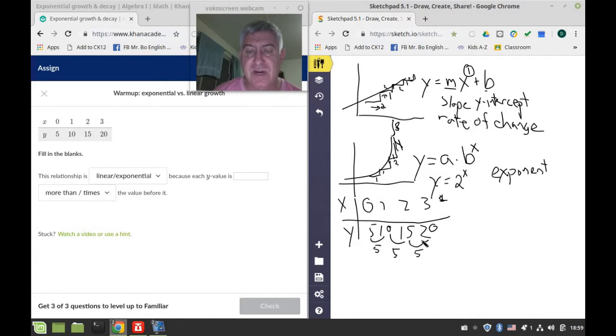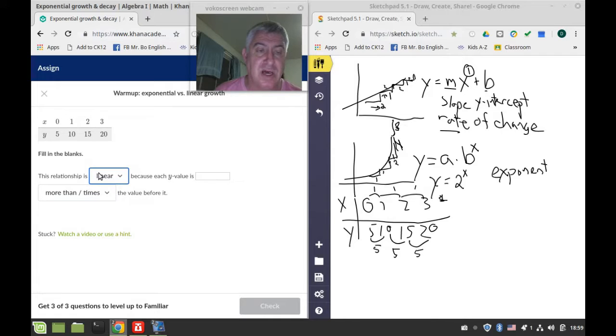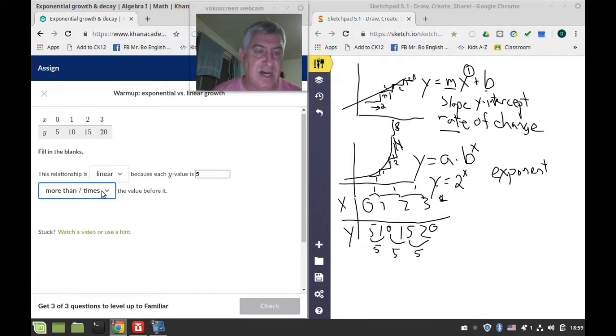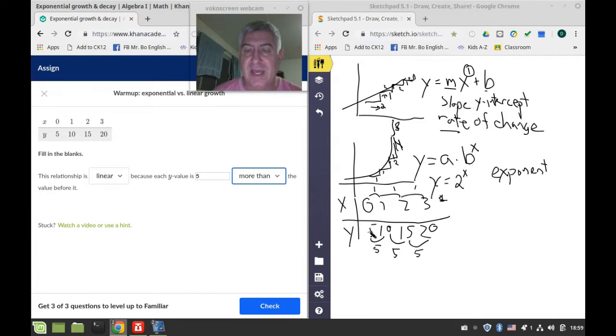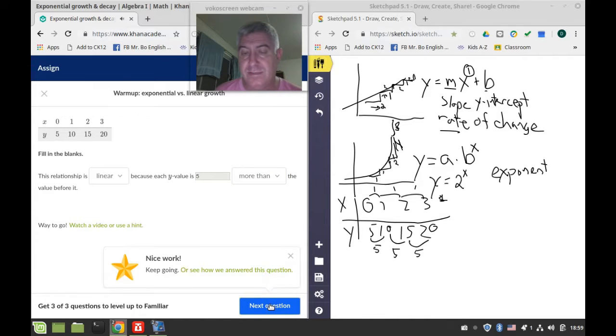So our difference is 5 each time. Our difference on the x's is the same, 1, 1, 1, and our difference on the y's is the same. So our rate of change is the same, and that means it is a linear function. It is a line. You can see the word line in linear. Each increment is 5 more than the last one: plus 5, plus 5, plus 5.